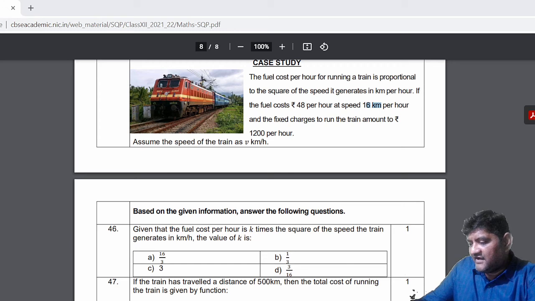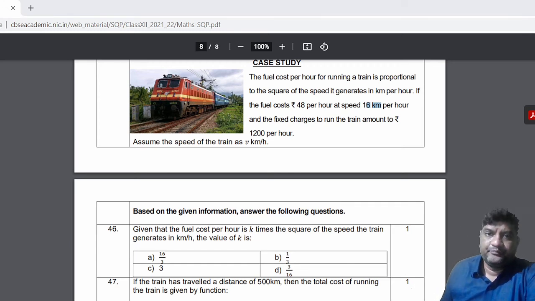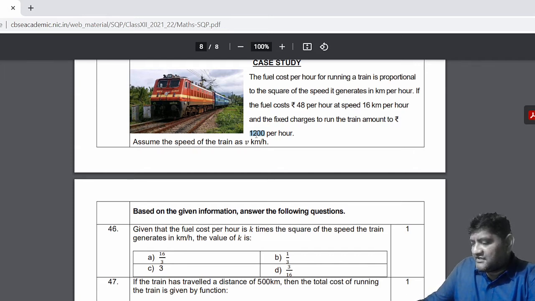If I divide this, let's not divide this, hours. Let's keep it as hours itself. So in that case, what's the fixed charge? For 1 hour, it's 1200. So for 500 by 16, the fixed charge is 500 by 16 into how much?